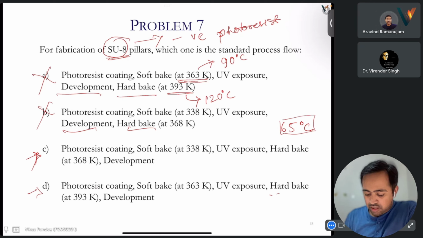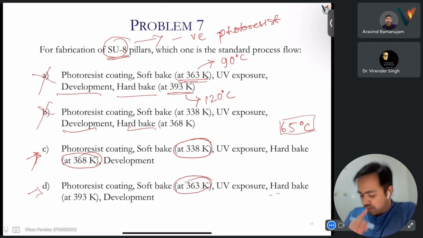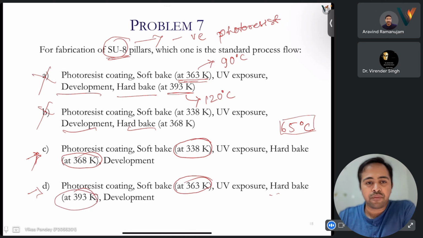So it is saying 338 Kelvin soft bake and hard bake at 368 Kelvin, and then development. And this one is 363 and 393. So which one is the correct one? C, sir.